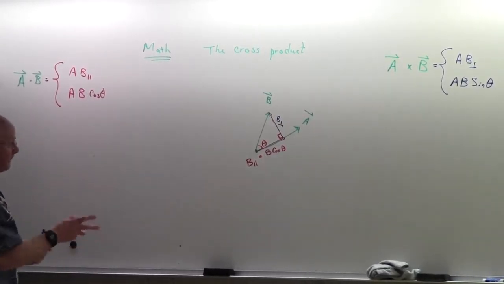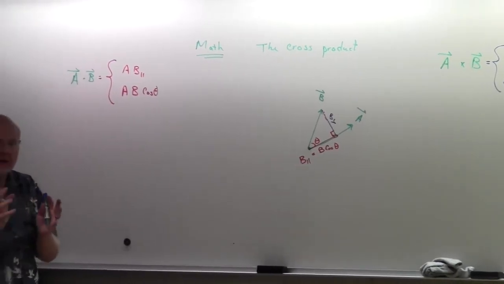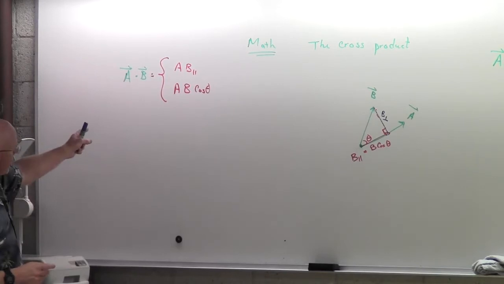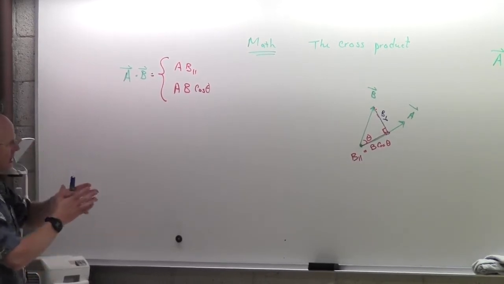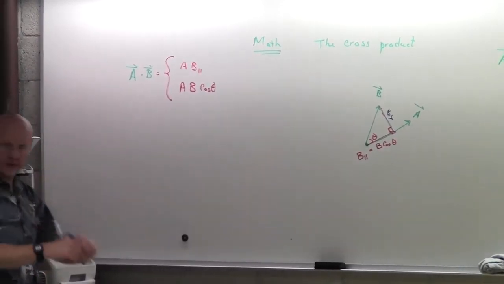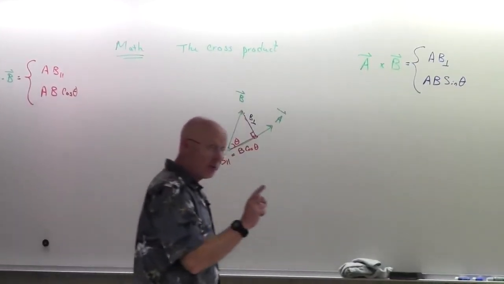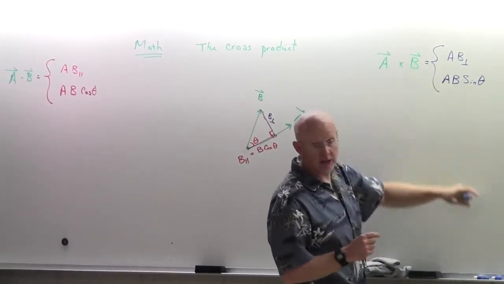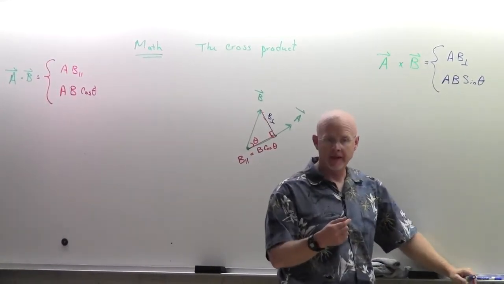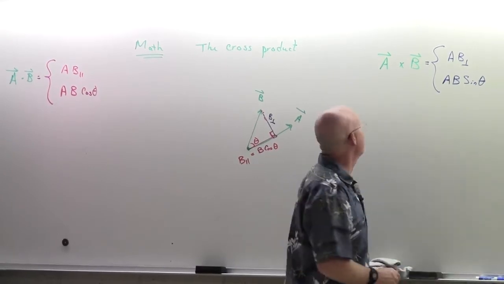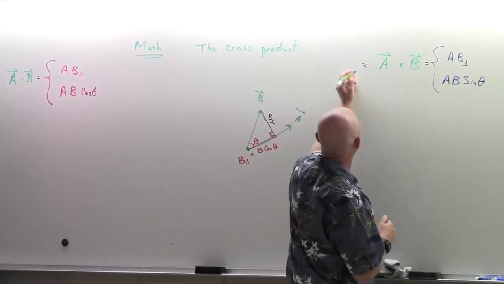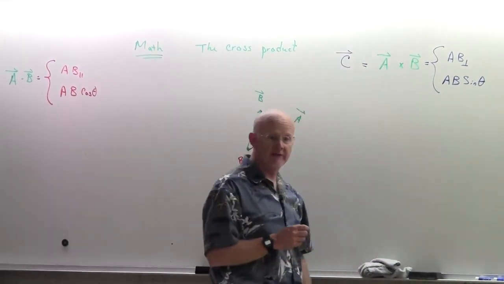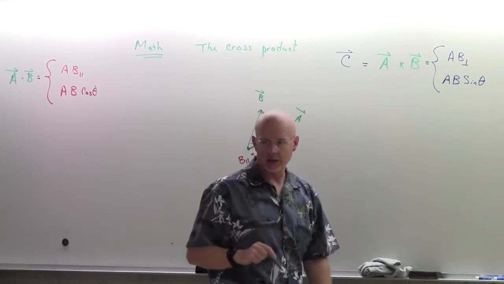So far, I have shown you the most important difference, I think, although both are important, is that the dot product tells us how much of the 2 vectors are in the same direction, whereas the cross product is telling us how much one vector is perpendicular to the other. But it does one more thing here. A cross product gives us a vector, not a scalar.